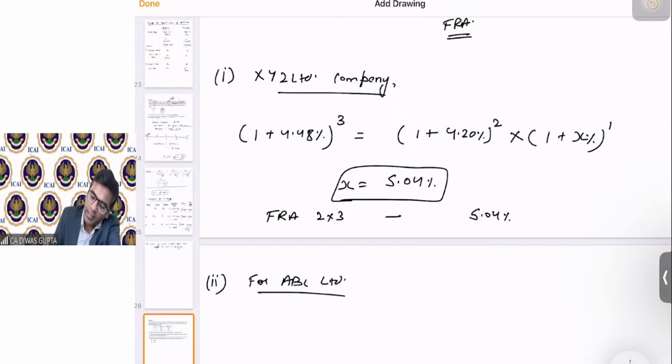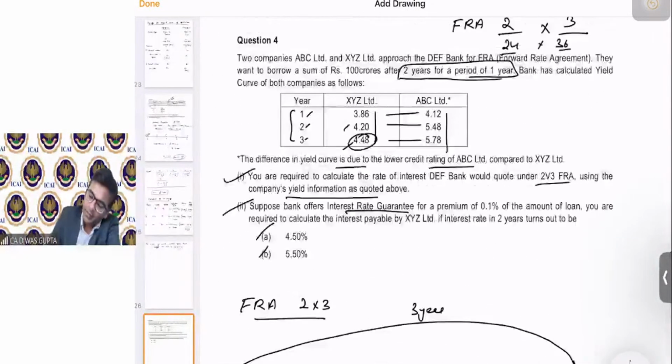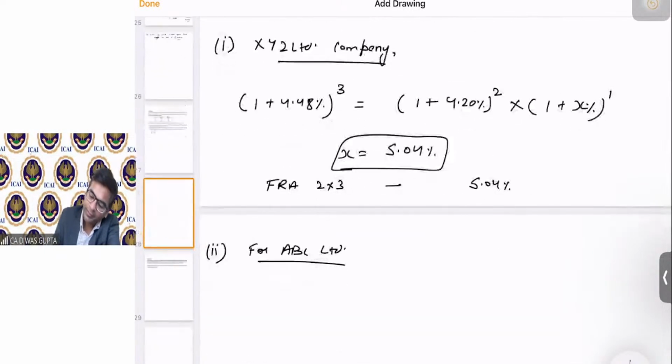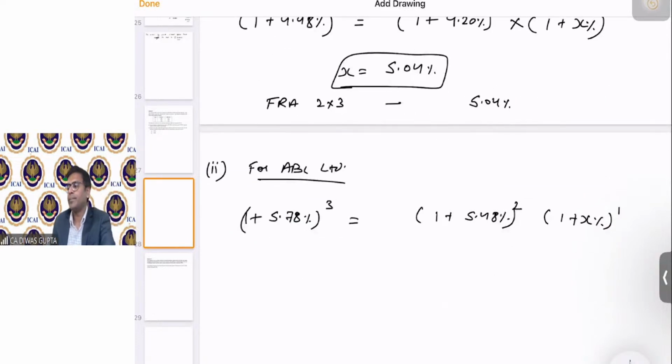For ABC Limited, how much will it be? 5.78 and 5.48. This is for 3 is equal to 1 plus 5.48 percentage raised to the power 2 multiplied by 1 plus x percentage raised to the power 1. Okay.